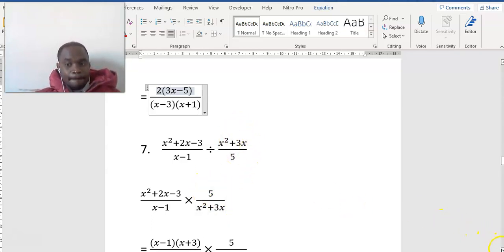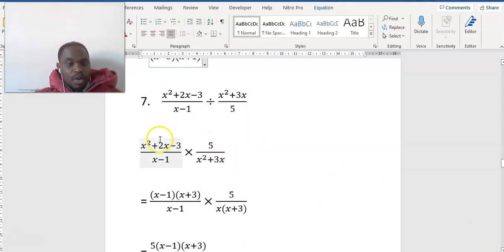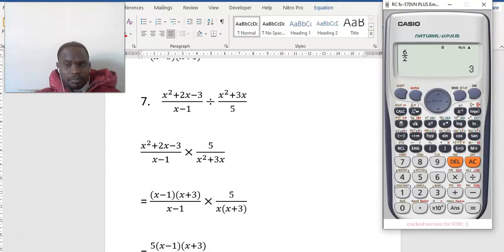So here we can factorize the numerator. This one, we can factorize it. How do you factorize it? Now, how are you going to factorize this one out? You take two numbers that if you multiply, you get -3, and if you add, you get 2.